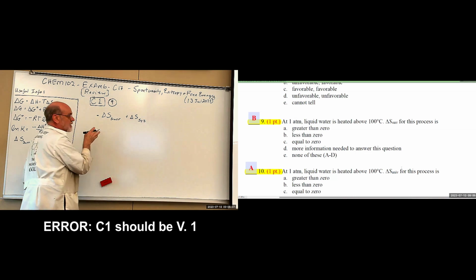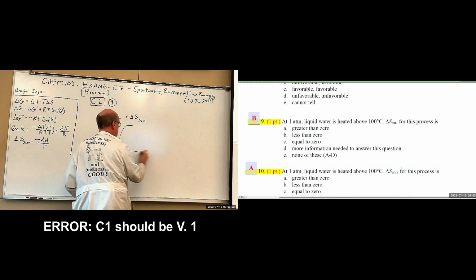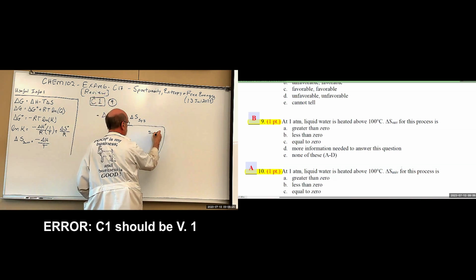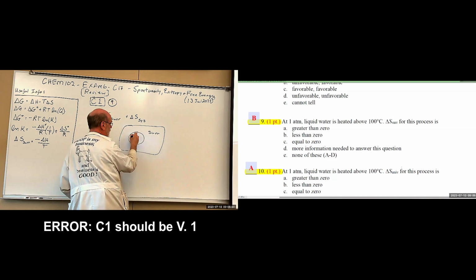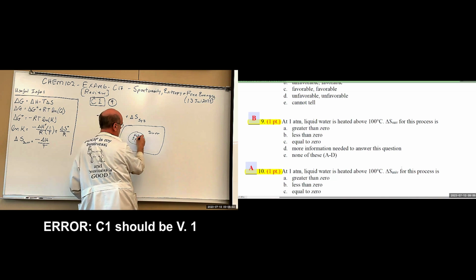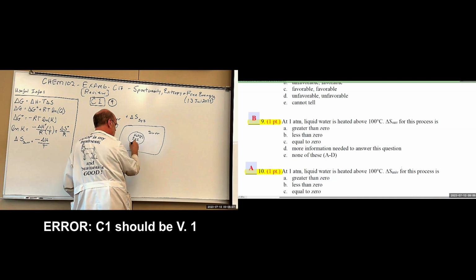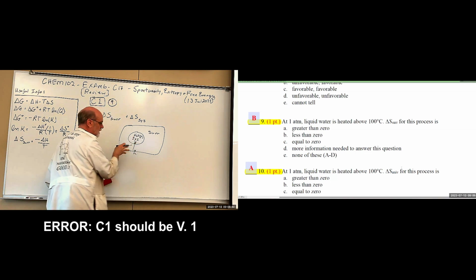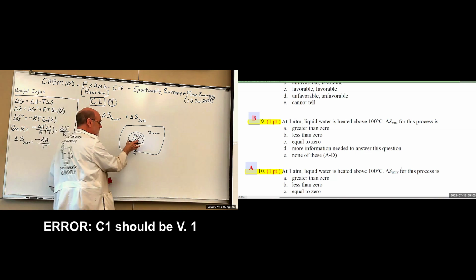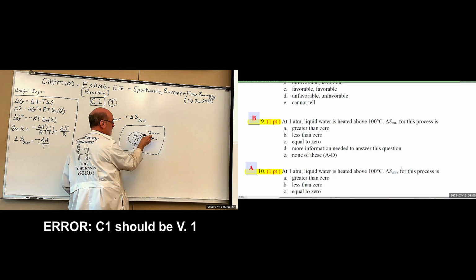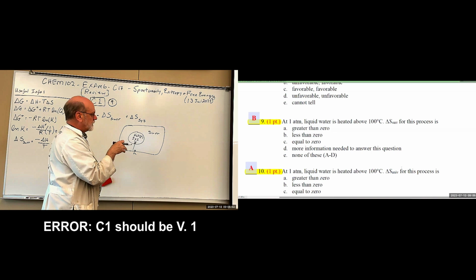But in this case, when we add more energy, let's draw a picture. Here's our surroundings, and there's the system. And so this is our water that we're trying to heat. And if we add Q to that one, then we are adding energy, increasing the entropy of the system above that of the surroundings.